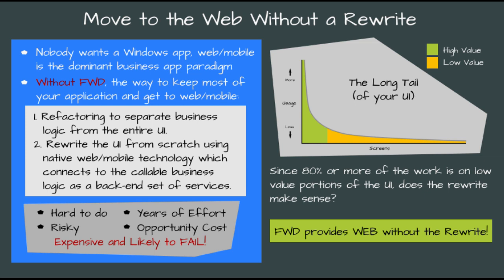So without Forward, what was going on was refactoring the entire UI, or at least all the parts of the UI that had to survive, with the business logic separated out from the UI, right? And this is, first of all, difficult. It's risky because you're going to cause breakage. When you do that across 500 or 700 or 1,000 screens, you are going to break things.